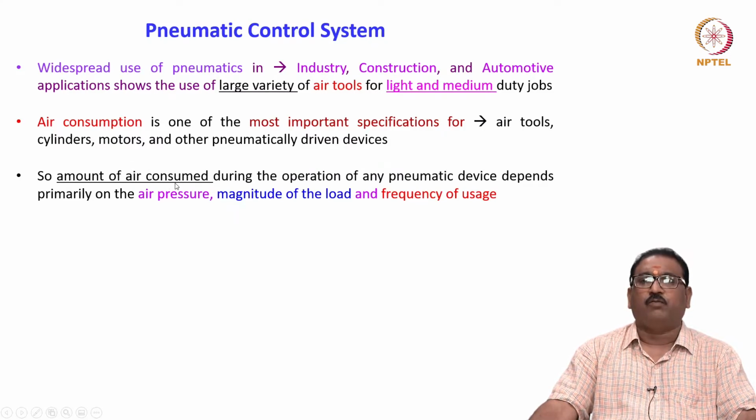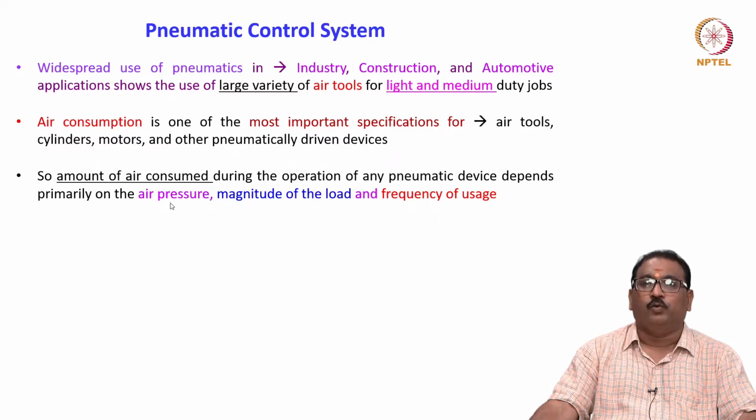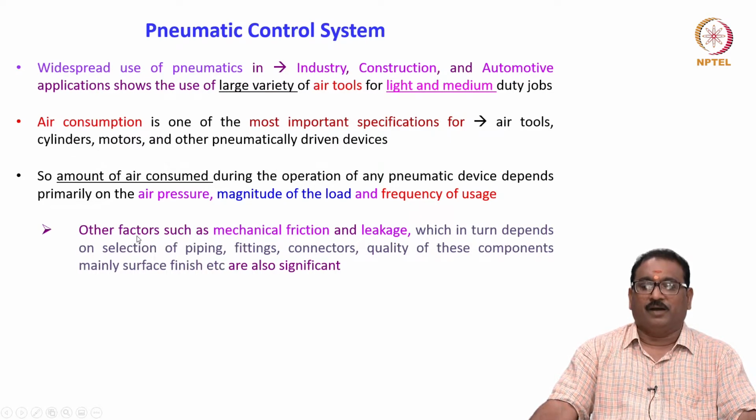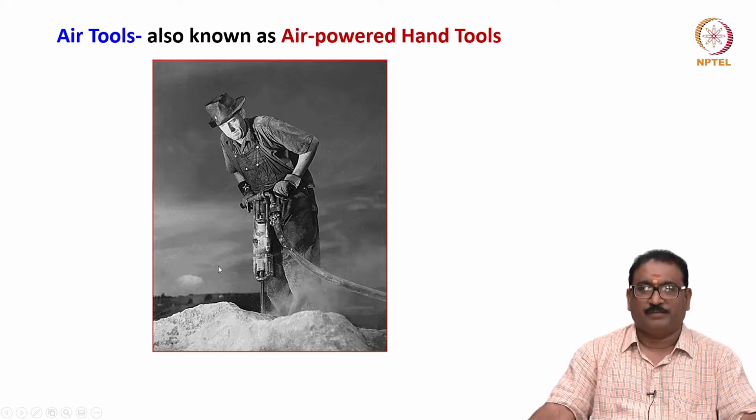The amount of air consumed during the operation of any pneumatic device depends primarily on the air pressure, magnitude of the load, and frequency of usage. Other factors such as mechanical friction and leakage, which in turn depend on the selection of piping, fittings, connectors, and the quality of these components, mainly the surface finish, are also significant.